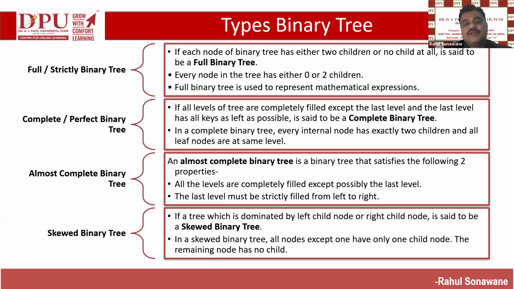And if every node has only a right child, then such a tree is called a right skewed tree. So a skewed tree is a tree in which there is only one child, either a left side child or a right side child, but not both.